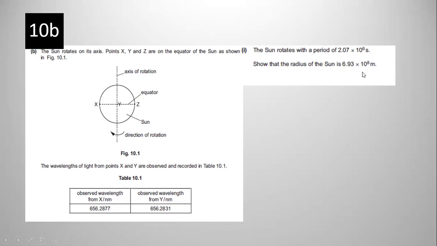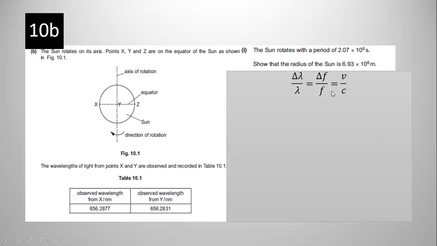The period of rotation is given. Show that the radius of the sun is as given. Delta lambda over lambda equals v over c, which is given in the formula sheet. Okay, we just want this one and that one there.